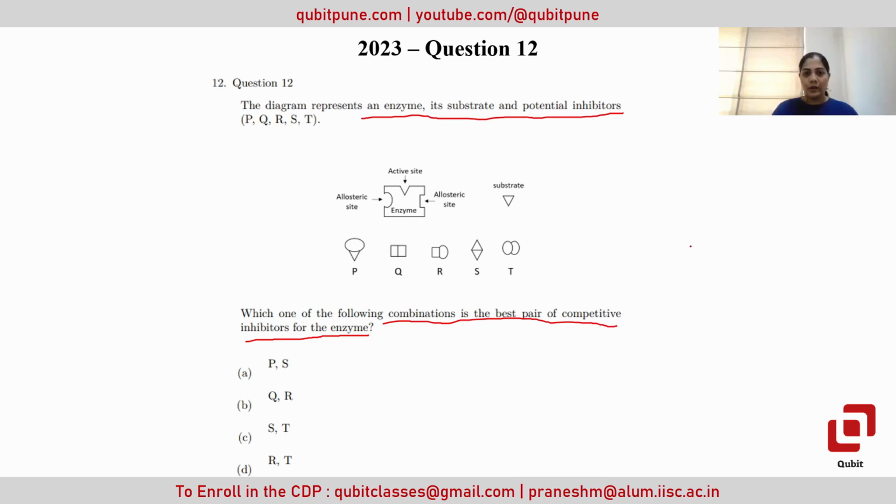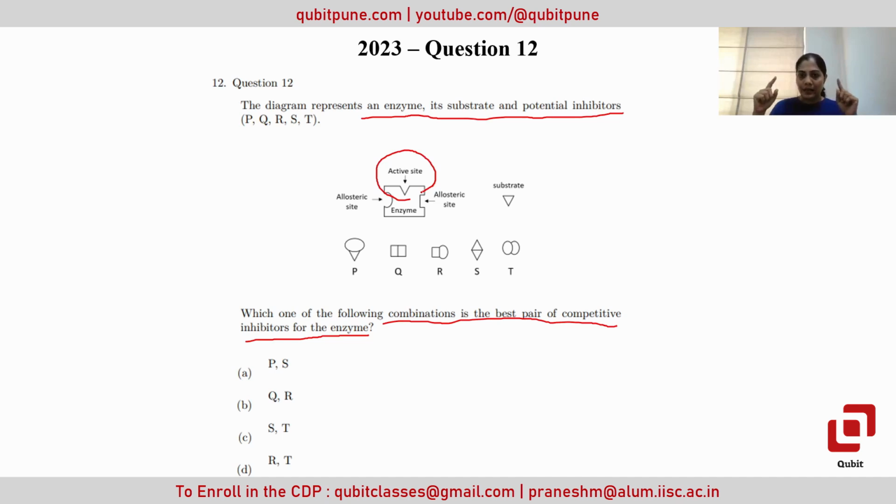Yes. So we have to find out the inhibitors and their combinations with the particular substrates. If you remember the concept, inhibitors have a similarity that lets them attach to the active site. Here the enzyme has an active site which, as you can see, is triangular in nature.